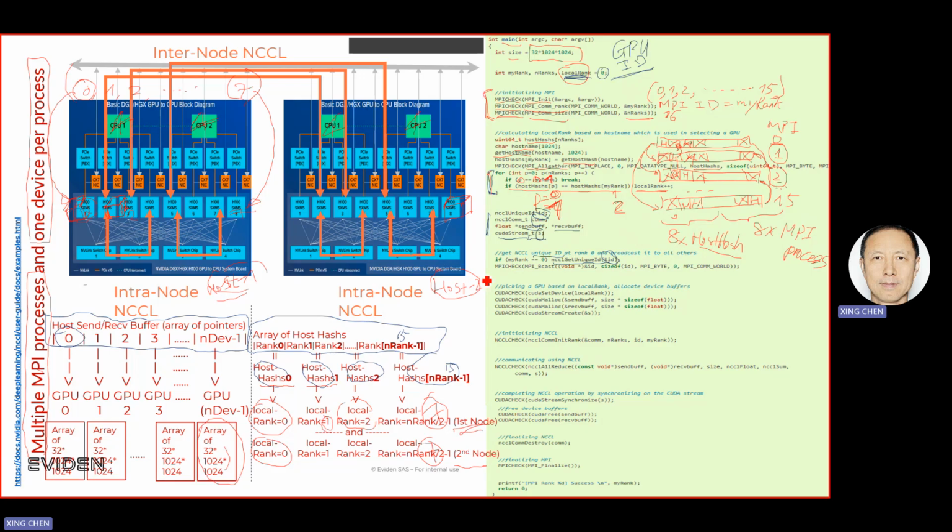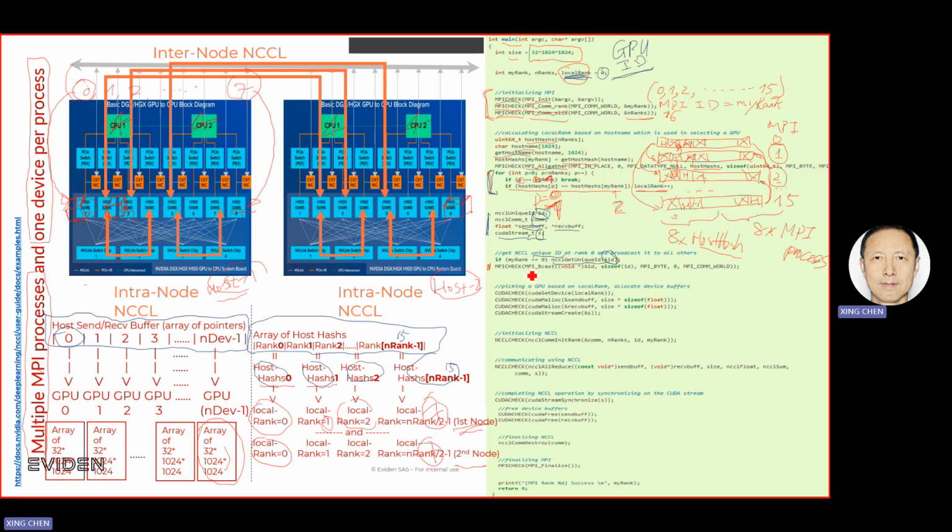We need the help of the MPI library again. I need MPI to broadcast this ID to all the other MPI processes, because only the first MPI process has worked out this ID. So it needs to be broadcast to all the others, so that all the other MPI processes are going to know this NCCL ID.